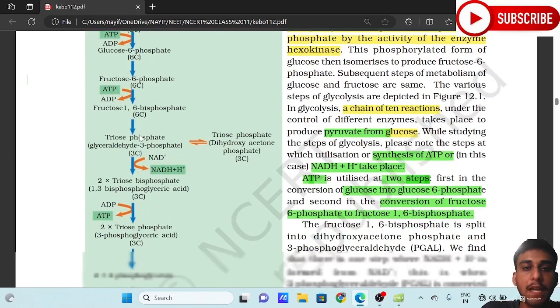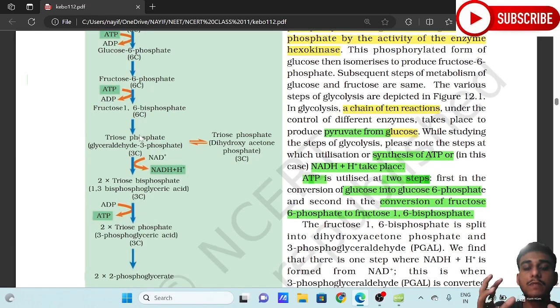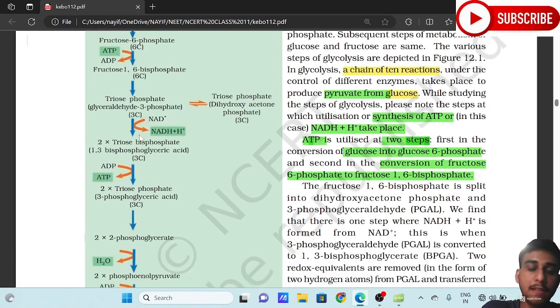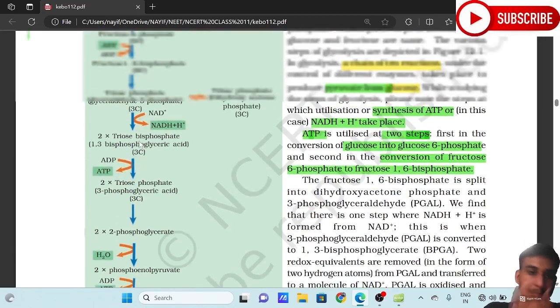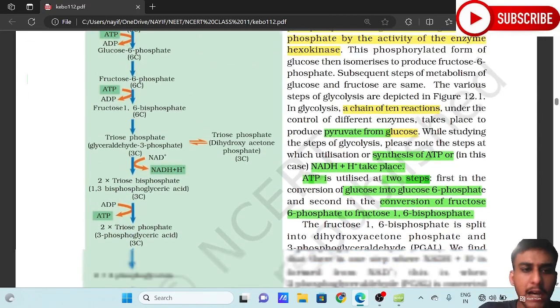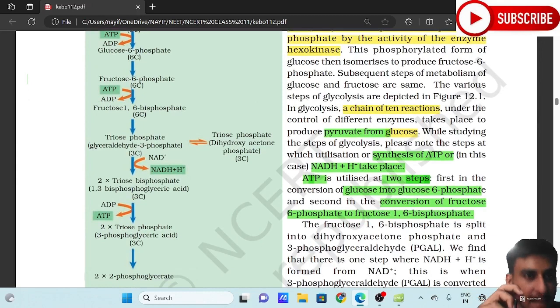These compounds are actually isomers, so they can be converted back to glyceraldehyde and it will form 1,3-bisphosphoglycerate, 3-phosphoglycerate, 2-phosphoglycerate, phosphoenol pyruvate, and pyruvate or pyruvic acid.